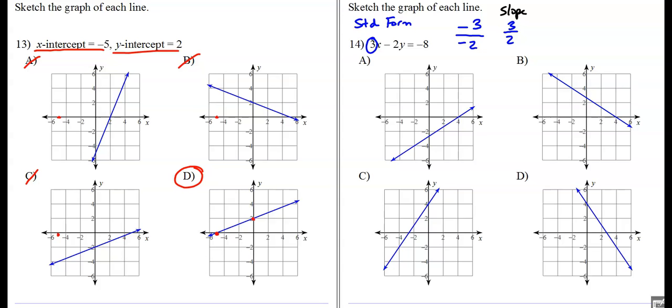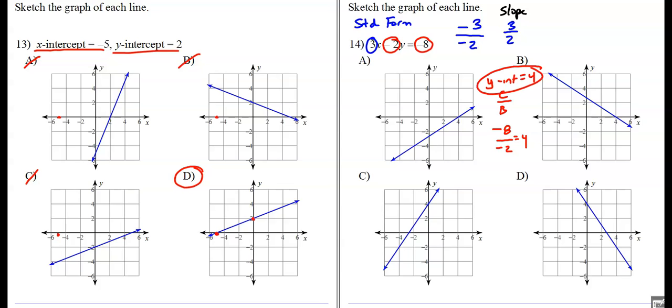And I'll just tell you a little shortcut for the y-intercept. The y-intercept shortcut is C over B. So you don't have to change anything. So if you're looking for the y-intercept, it's always C over B, or -8 over -2, which is 4. So I have a y-intercept of 4.